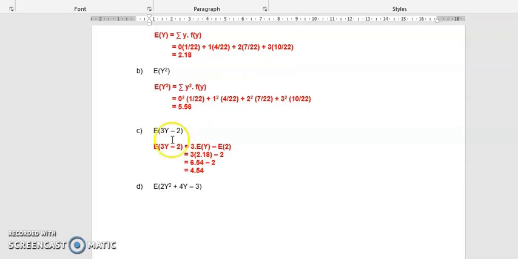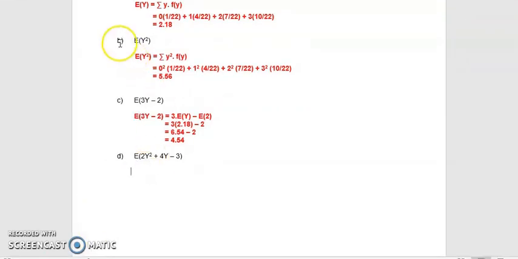It can be written as, this one is 2Y squared, so take out the constant: 2 multiplied by E[Y squared], plus take out the constant 4 multiplied by E[Y], and then minus E[3].